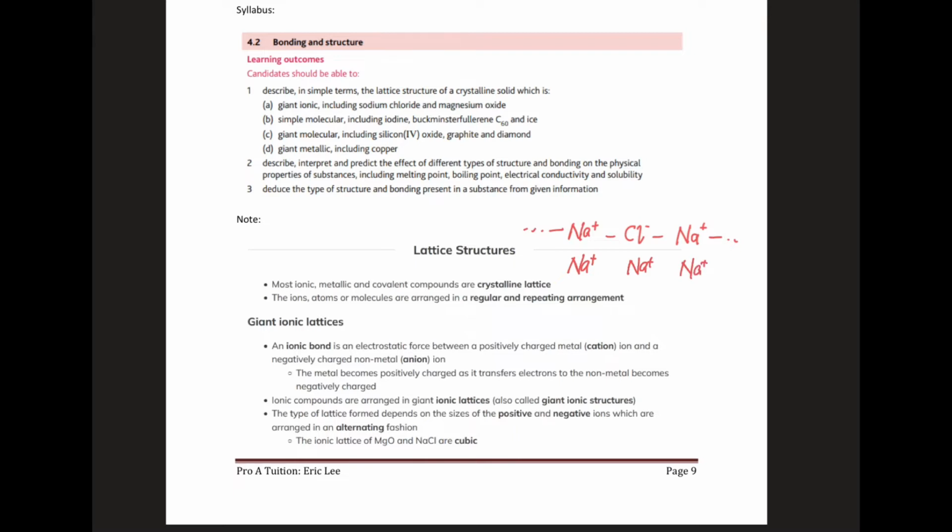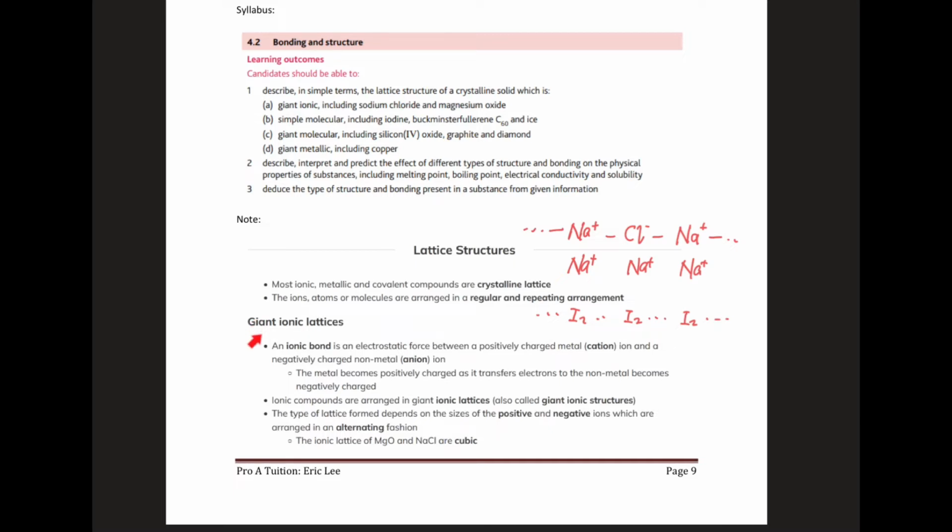And in covalent compounds, let's say for example iodine, so iodine, iodine, and iodine, they are arranged molecule by molecule. Okay, the molecules repeat. So there will be forces in between, and the forces here are the van der Waals forces. So we go through one by one.